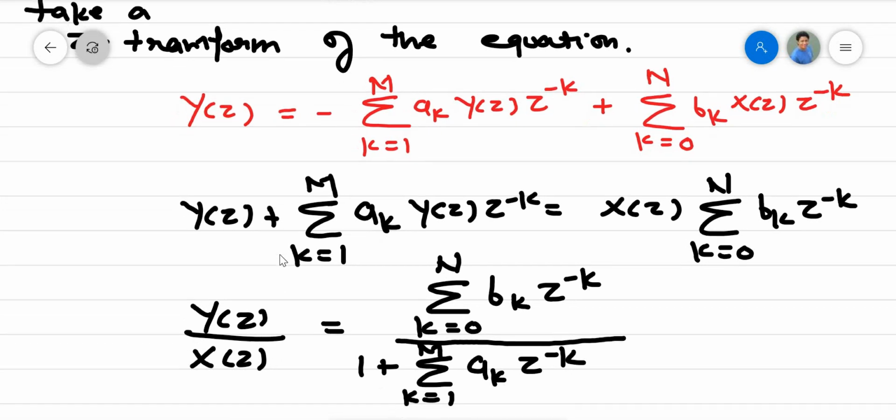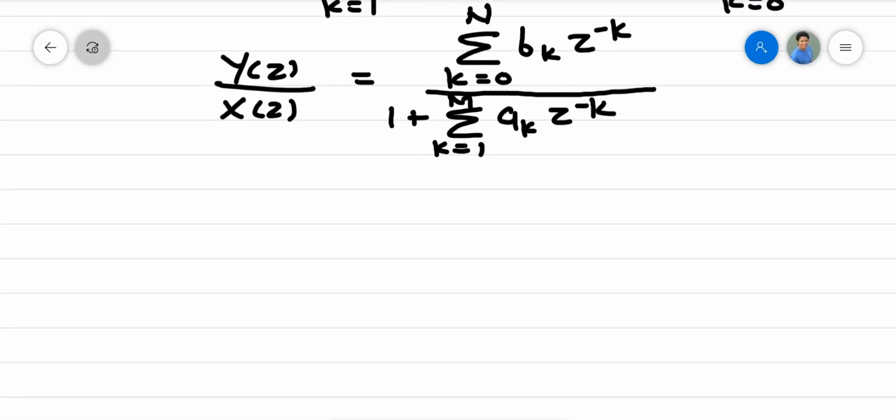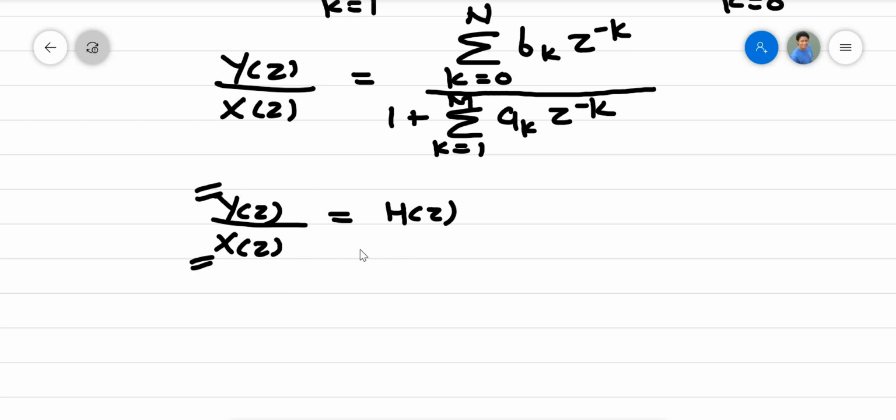One can see if we write this term Y(z) over X(z) as H(z), output over input, it gives us the transfer function H(z), that is the impulse response of the system in z domain. Right, we already knew this particular part, and we can write it like this: H1(z) over H2(z).